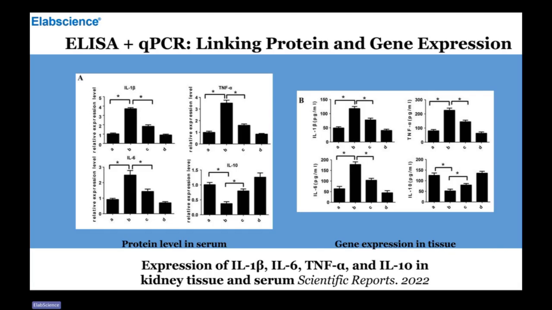It also helps identify any discrepancies where messenger RNA changes do not translate into protein changes. Combining these assays strengthens the confidence in the experimental conclusions, as well as providing a more complete understanding of the cellular responses. And this will ultimately help us to reach high impact factor publications.